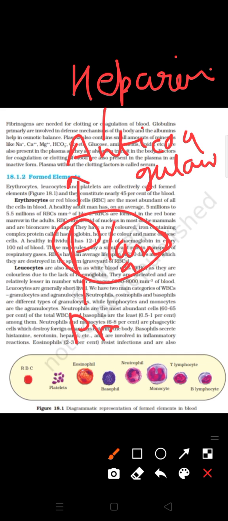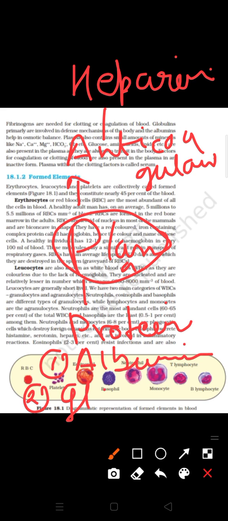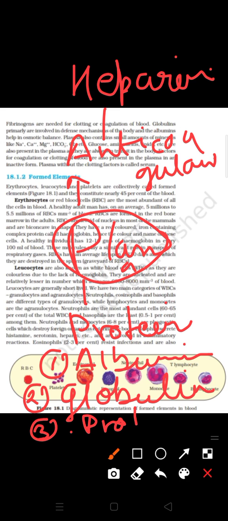Several proteins are present in plasma, and these proteins are: one, albumin, please note it down with me; second, globulin; third, prothrombin; and fourth, fibrinogen.